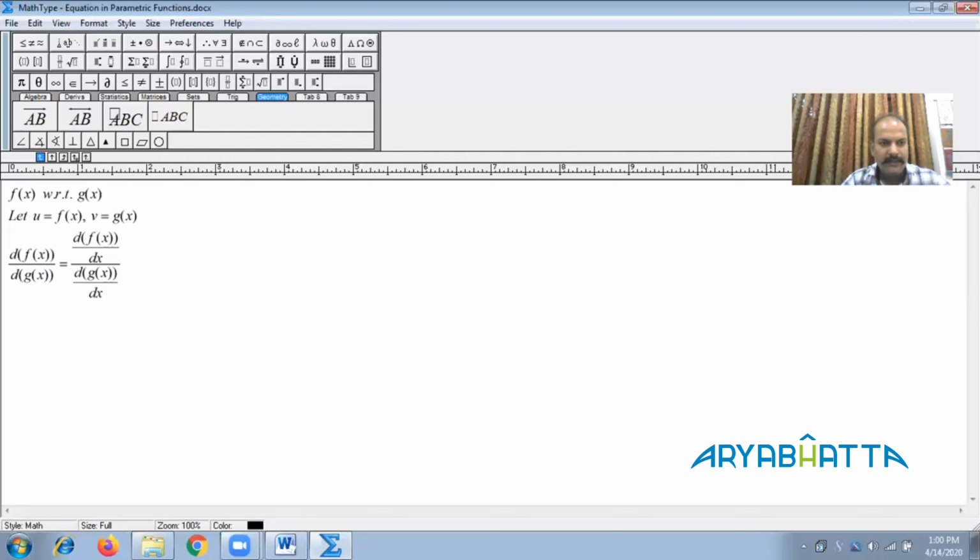Now you need to find the derivative of f(x) with respect to g(x). That means you are looking for du by dv, and this is given by the derivative of f(x) with respect to x divided by the derivative of g(x) with respect to x.